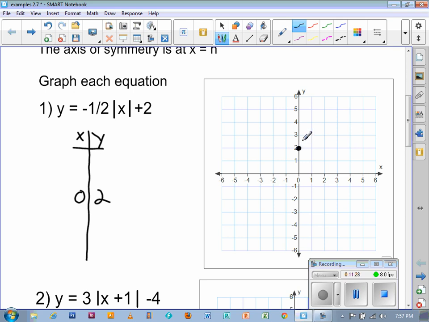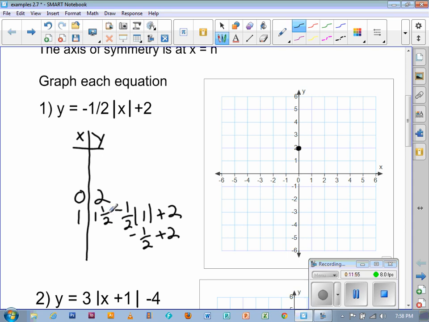Now we know that this graph will be compressed and going downward. Here's how you can find points. Simply plot points. So we can put 1 in for x. Take the absolute value of 1. Negative 1/2 times 1, plus 2. And then that is going to give us negative 1/2 plus 2, and that's 1 and 1/2.